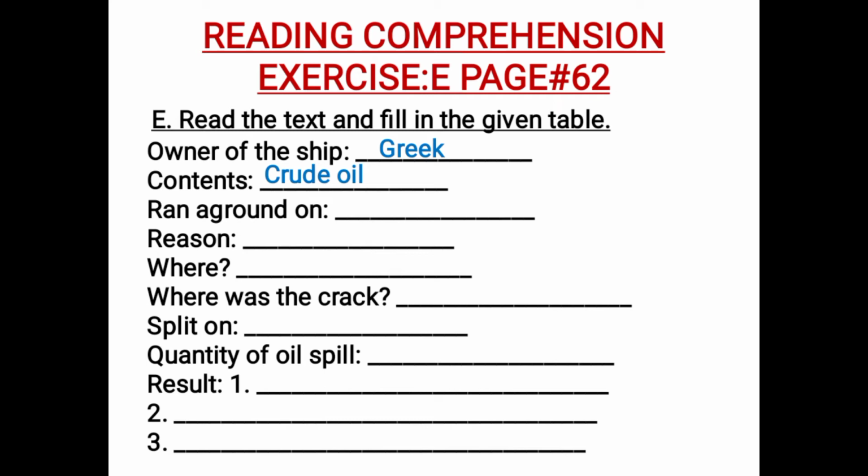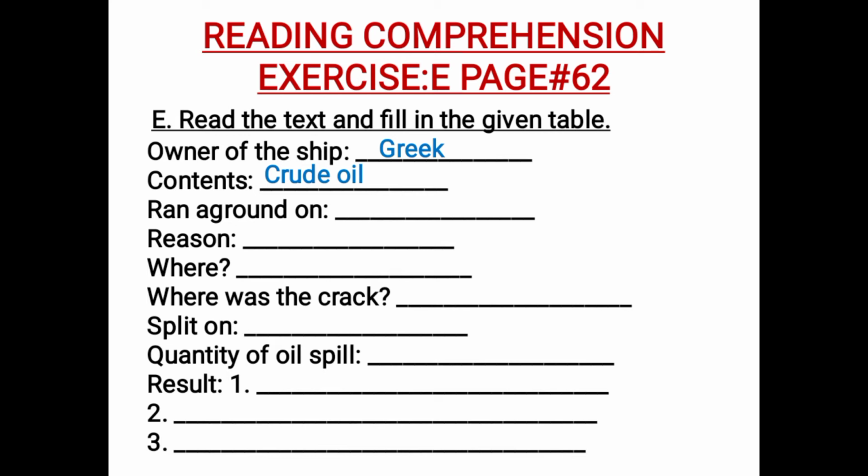Then you have to write the quantity of the oil spill. The ship was containing 67,500 tons of oil, but they are not asking you the total amount of the crude oil.